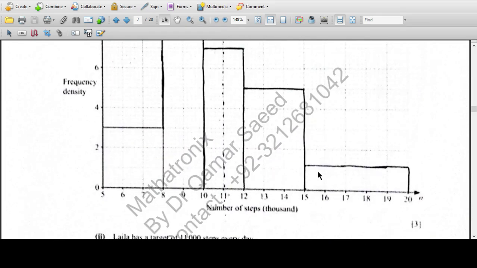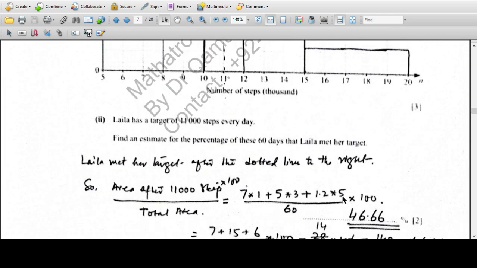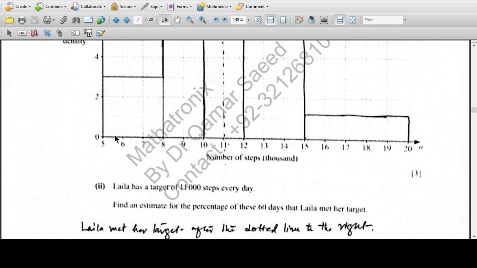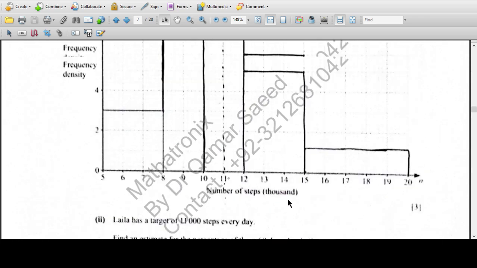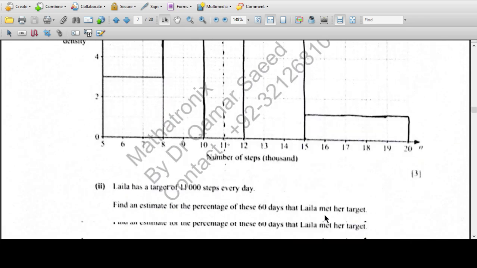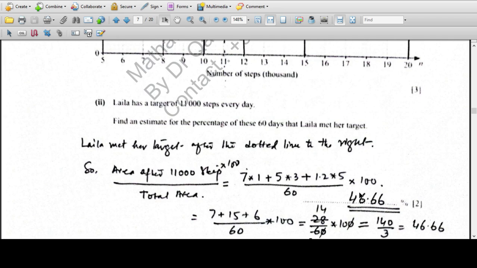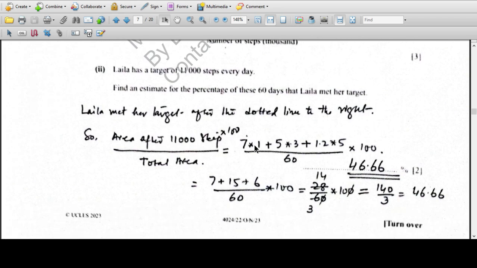And for this one, it is 1.2 into 5. The total area is 60. So we will divide this and multiply by 100. So 1 into 7, 3 into 5, and 1.2 into 5, which is 6.